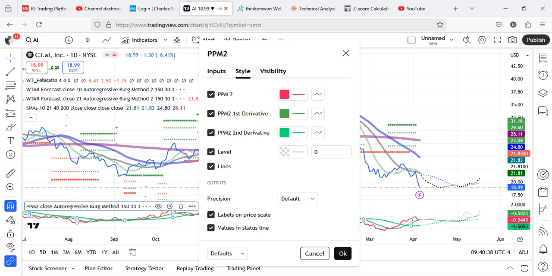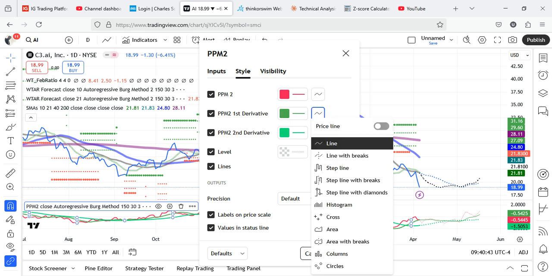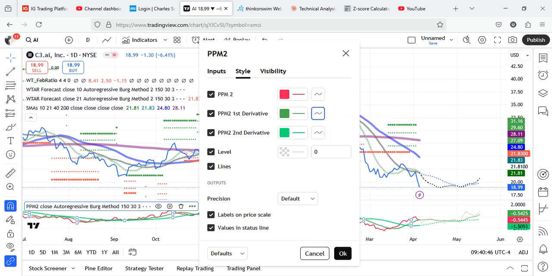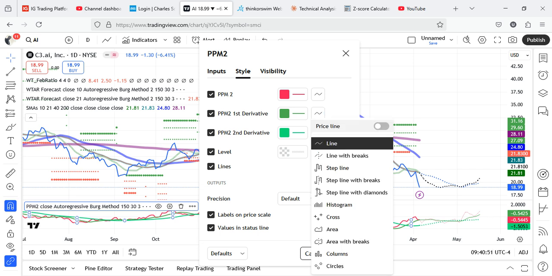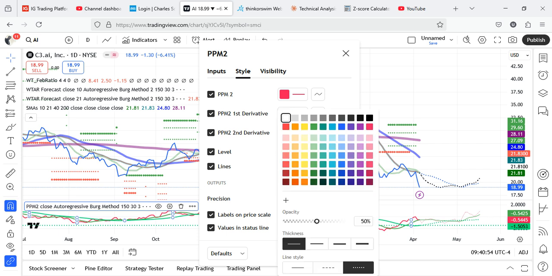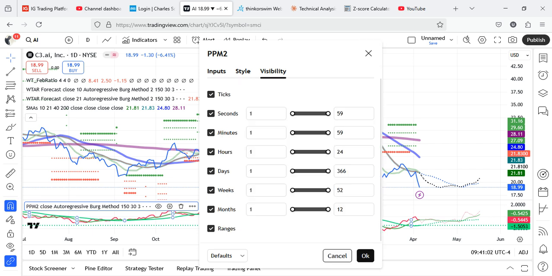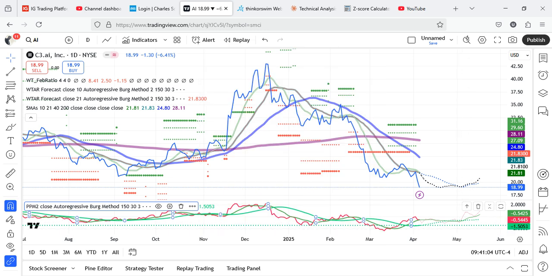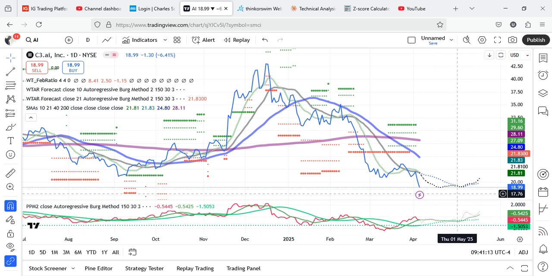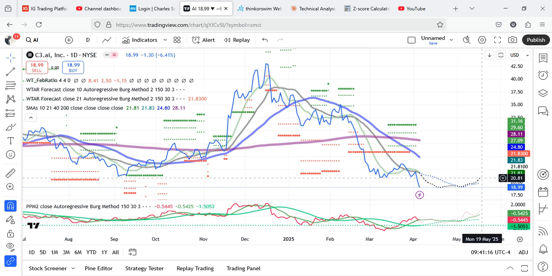Okay, you can see we have pretty much the same as well with the 21-day moving average itself.